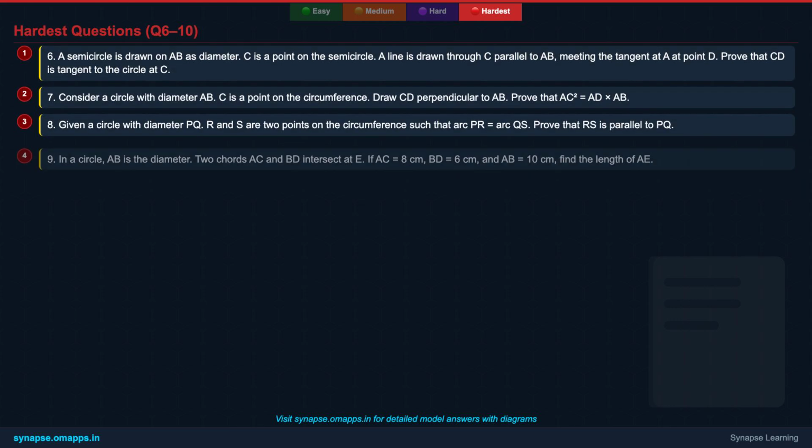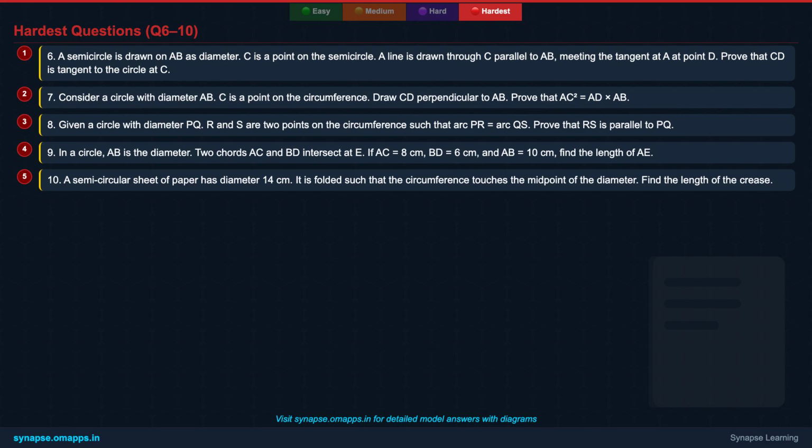Continuing with our hardest level questions, here are problems 6 through 10. These will further test your ability to apply the angle in a semicircle theorem in diverse and complex scenarios. Question 6 involves tangents and parallel lines, while question 7 asks for a proof relating lengths within a right-angled triangle in a circle. Question 8 involves properties of arcs and chords.